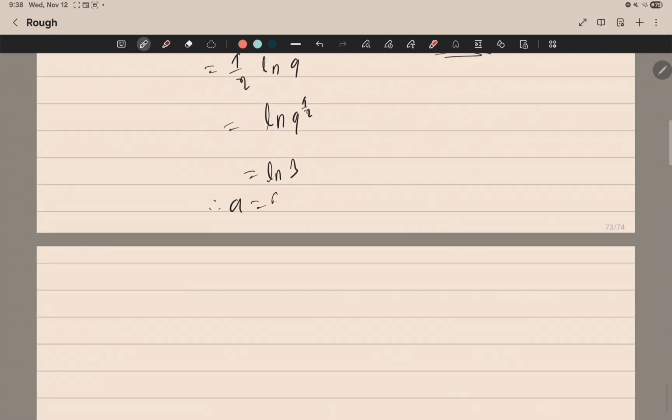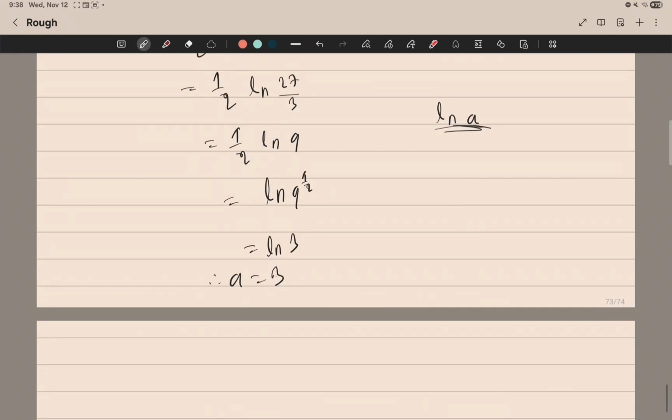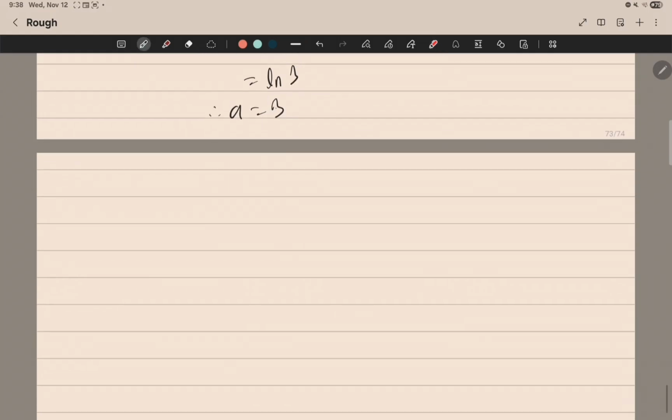Therefore, a is equal to 3. See, many students, including myself, would have read the question once, solved it, and maybe given this as the final answer, and I think maybe they would lose 1 mark.